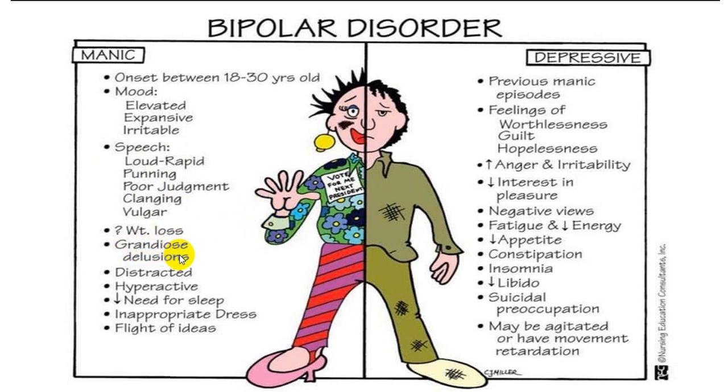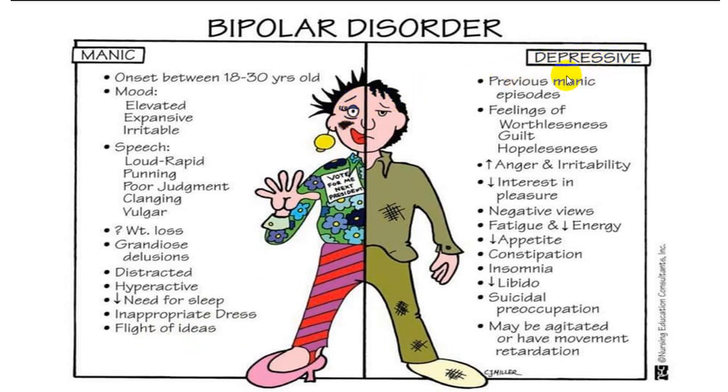There is grandiose delusion, like "vote for me, next president," thinking he is going to manage. He is distracted when things are obstructed, hyperactive, and need for sleep is decreased because of a lot of activities at once. Inappropriate dress, with a lot of decoration, and flight of ideas, skipping from one idea to another. That's why you will always see him having a lot of activities.